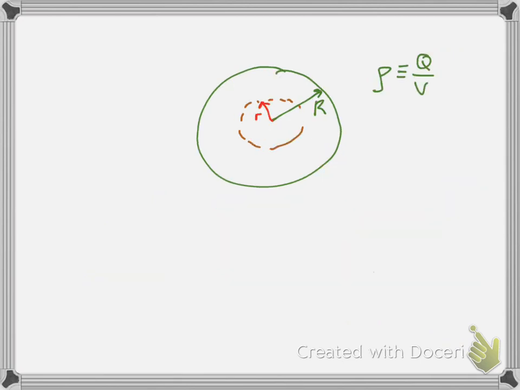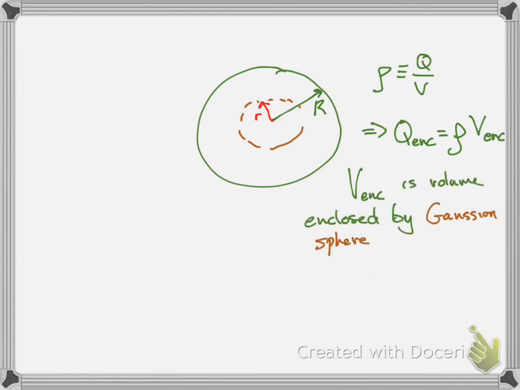So we're going to find the charge enclosed by the Gaussian sphere by using the fact that the charge density is the same everywhere and it's charge per unit volume. Therefore, the charge enclosed by the Gaussian sphere is the charge density times the volume enclosed by the Gaussian sphere.